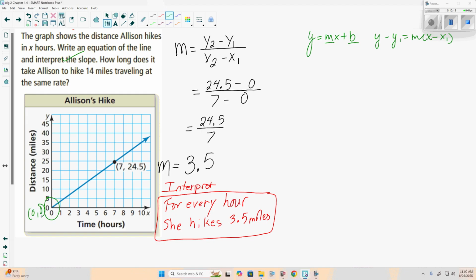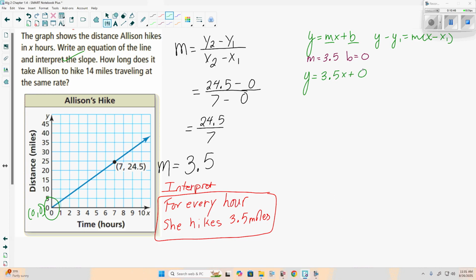We know we have the y-intercept when one of the points given to us has an x value of 0. Because when the x value is 0, it's going to intercept the y-axis. So here 0, 0, it's telling us that the b value for our y-intercept is 0, and we have our slope as 3.5. And we can use that for our equation.